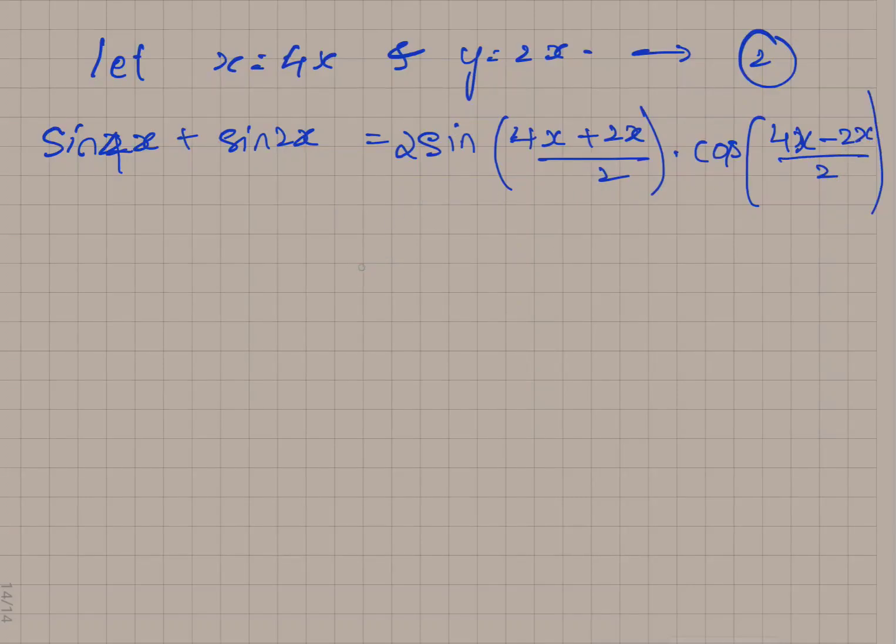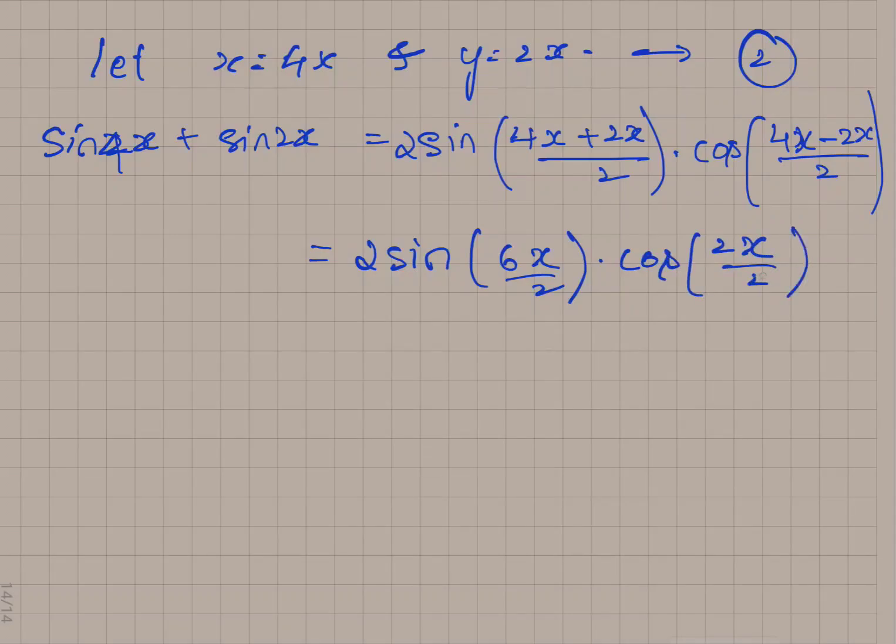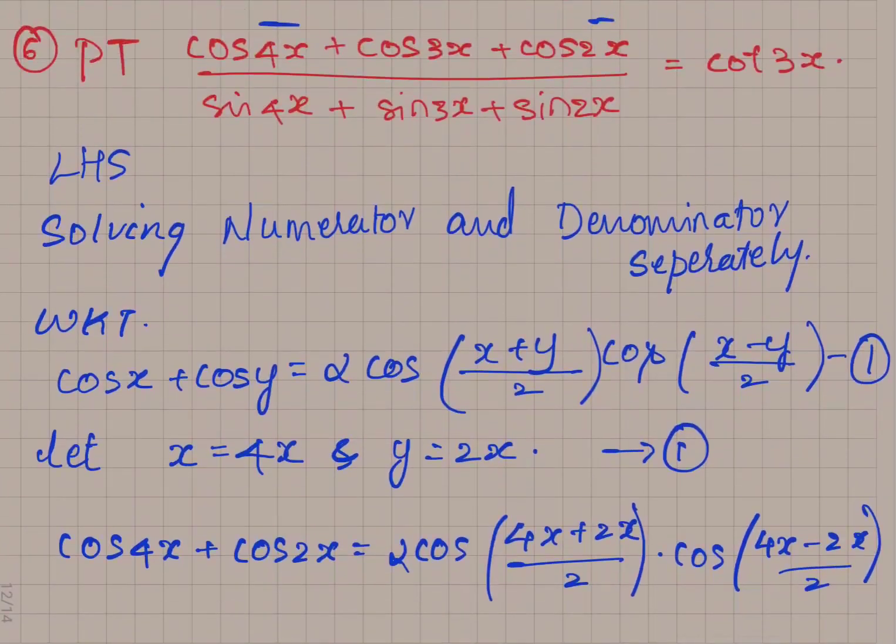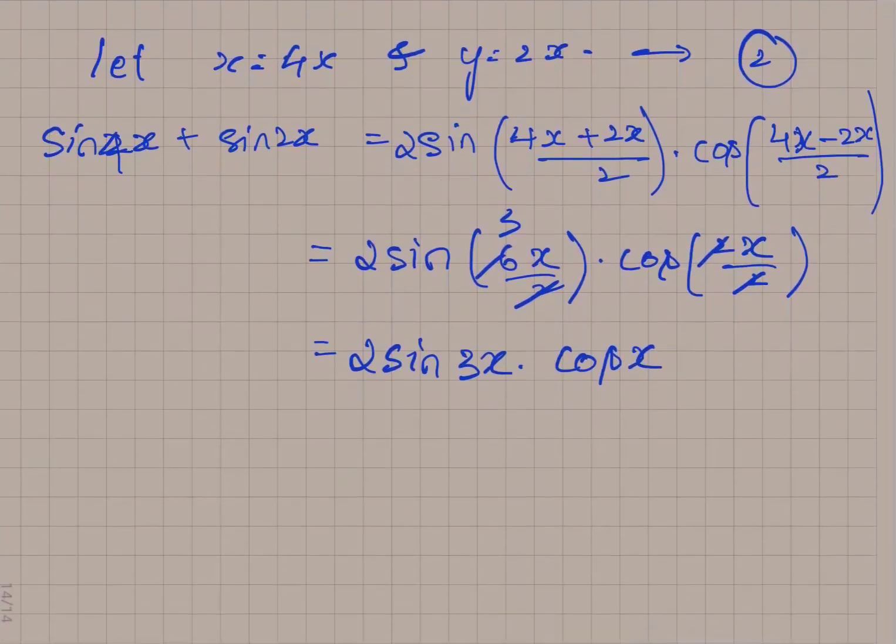By solving this, we get 2 sin 6x upon 2 and cos 2x upon 2. By simplifying this, we get 2 sin 3x into cos x. Now in the main question we have taken this sin 4x and sin 2x. Now the remaining is sin 3x.